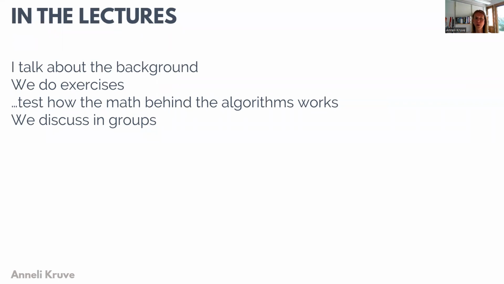Sometimes we use a bit of Excel or a Google Drive document so that we can all see and all play around. Sometimes we use R. Sometimes we do just something quickly on paper, just to understand a bit more what is going on. And we also discuss in groups. So you will pair up or work in groups of 3 during these exercises.